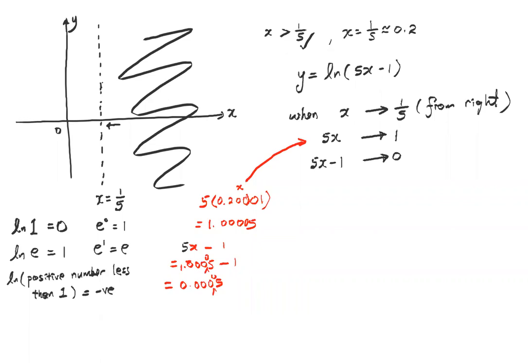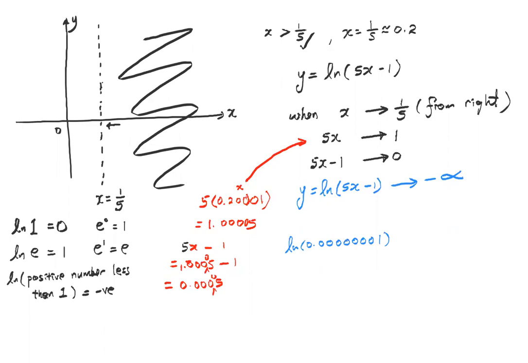So as the number approaches 0, the ln of that number will approach negative infinity. You try to key in ln 0.000000001 and see. Isn't it?